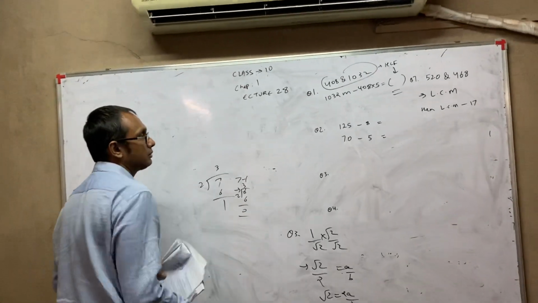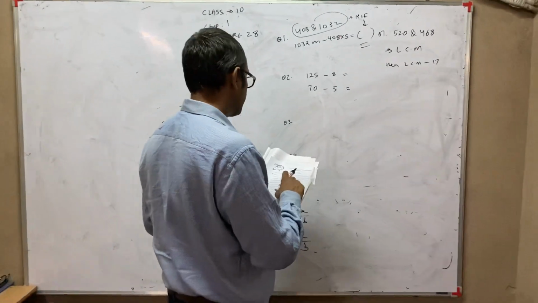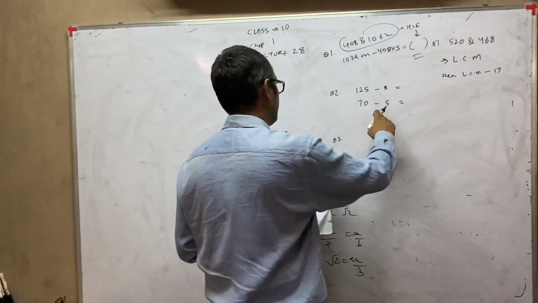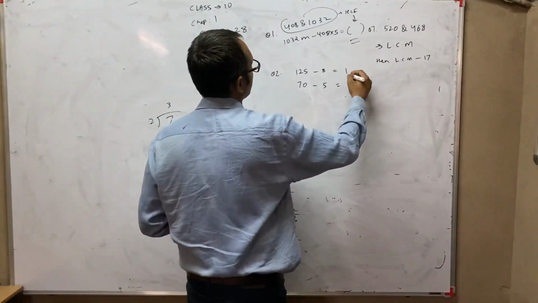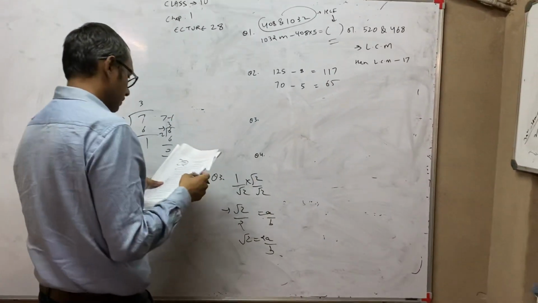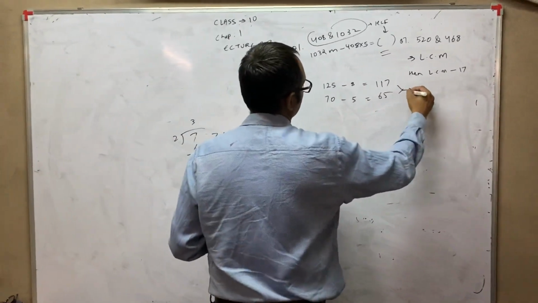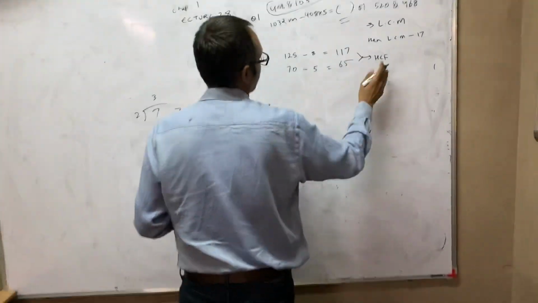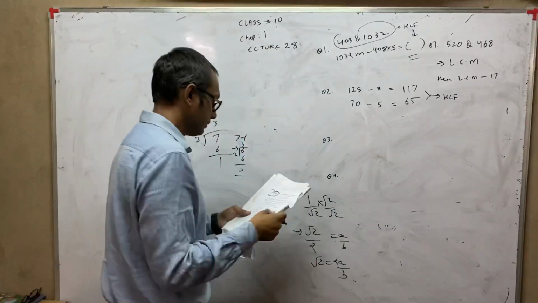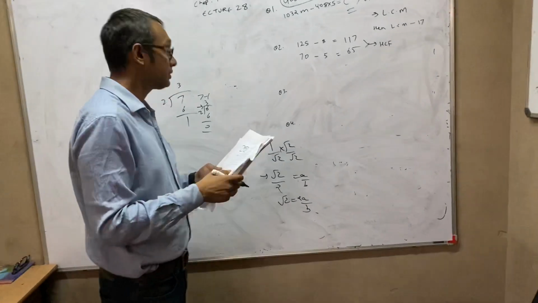So first step, the remainder which they have given, we subtract: 125 minus 8, 70 minus 5. So you will get 117 and 65. And now you get the HCF of both. And the HCF, whatever it will be, it will divide both of them. That's what they asked: find the largest number which divides these two numbers.